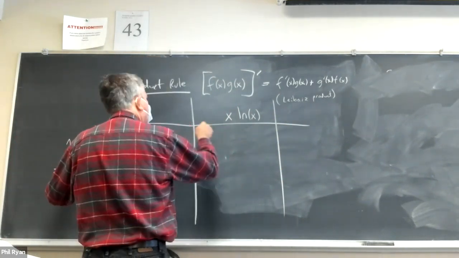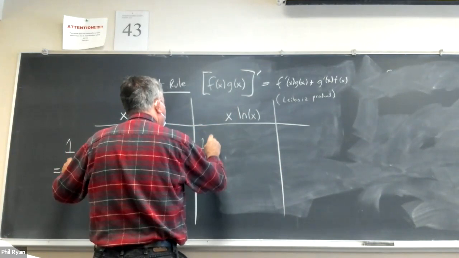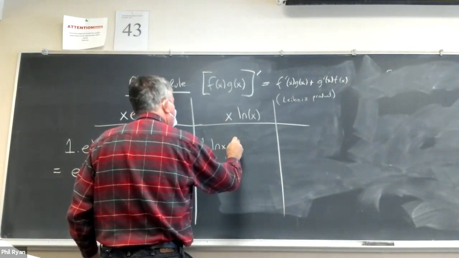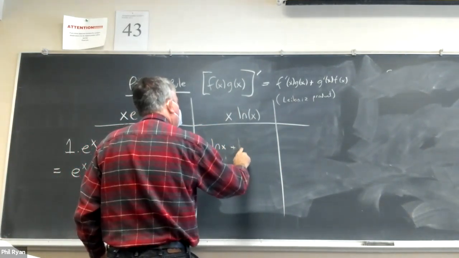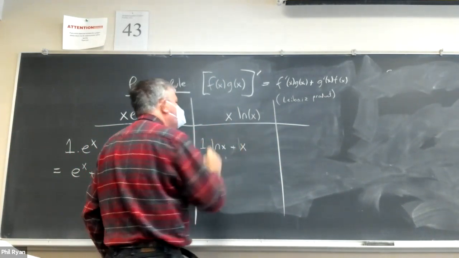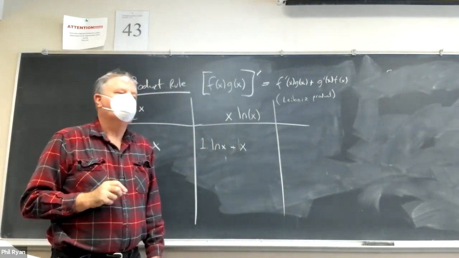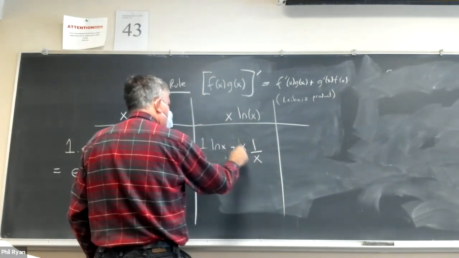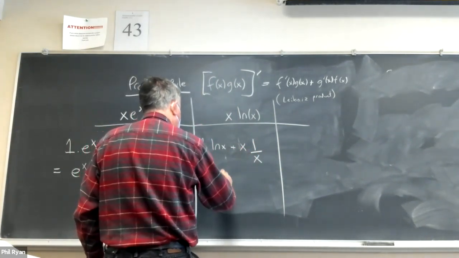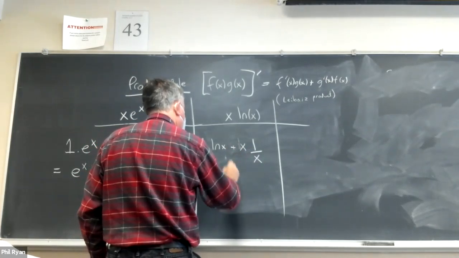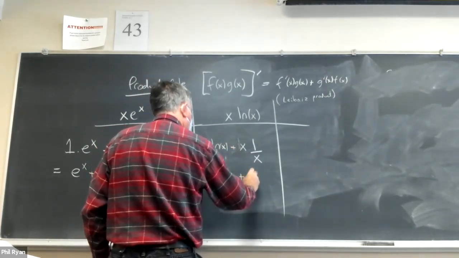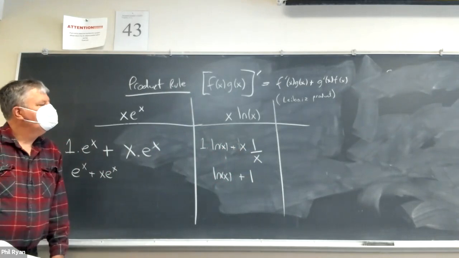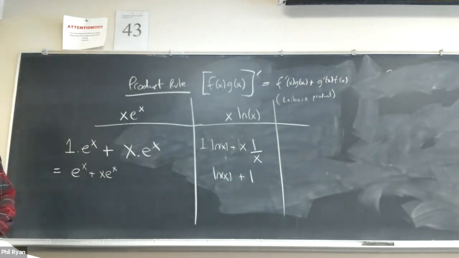Again, the derivative of x is 1 times ln of x plus x, and what's the derivative of ln of x? 1 over x. Oh, this time we get a bit more tidying up, right? So it's ln of x plus 1. That's a bit funny, but anyway.